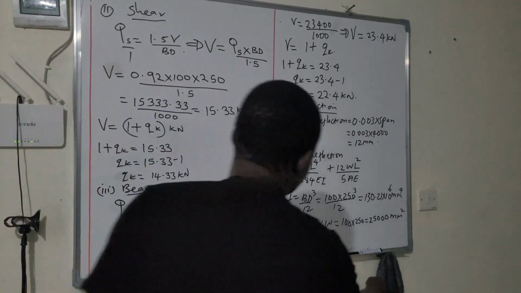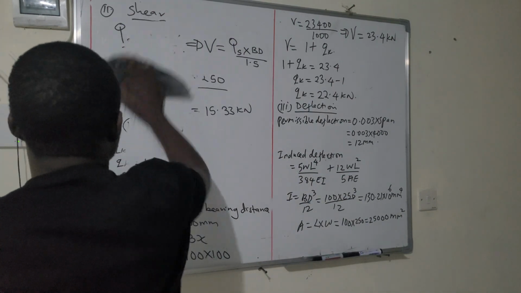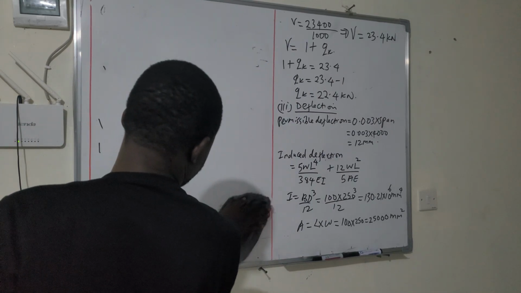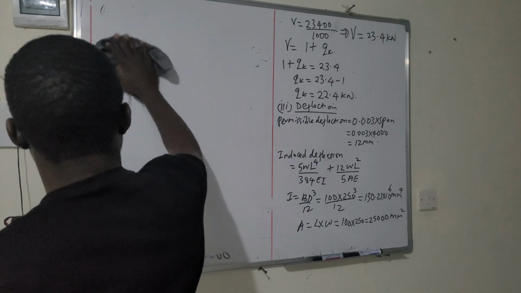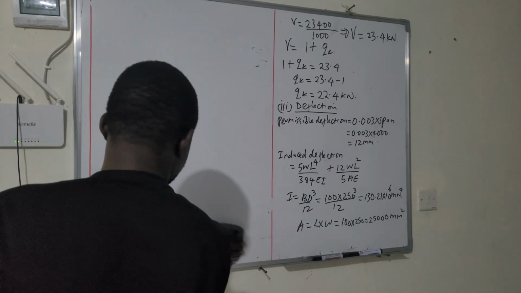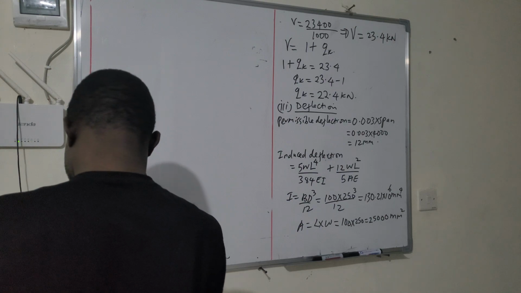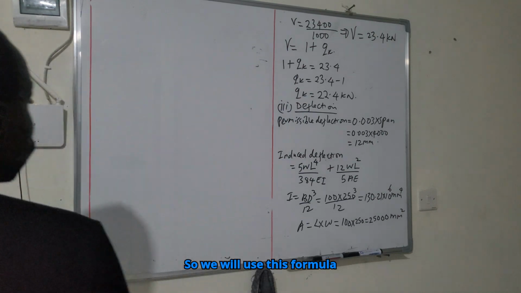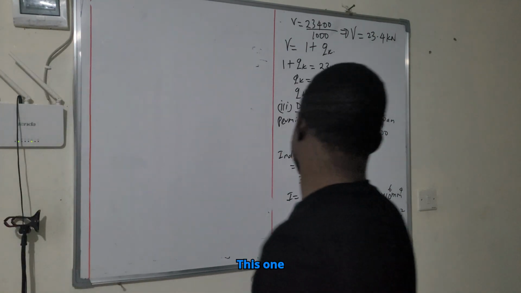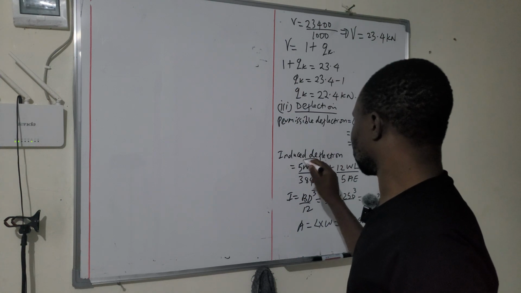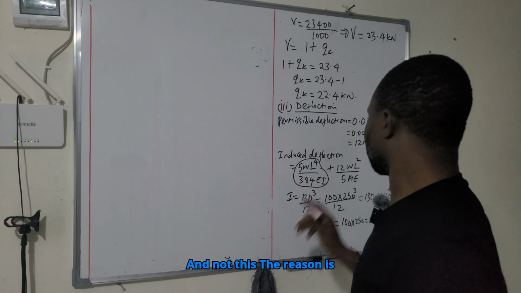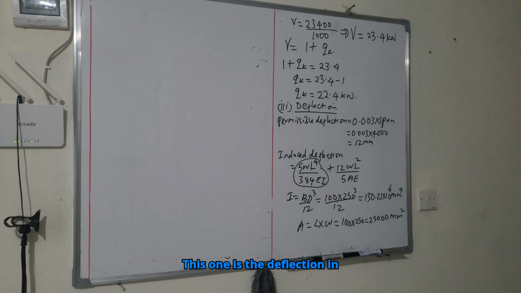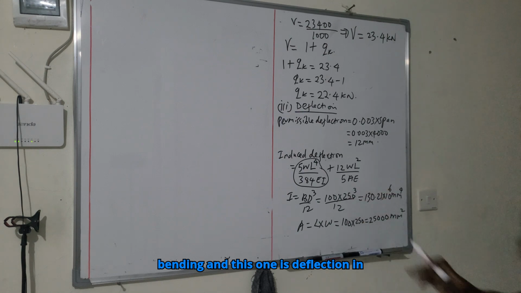So let me clear here. So we will use this formula, this one, and not this. The reason is this one is the deflection in bending, and this one is deflection in shear.